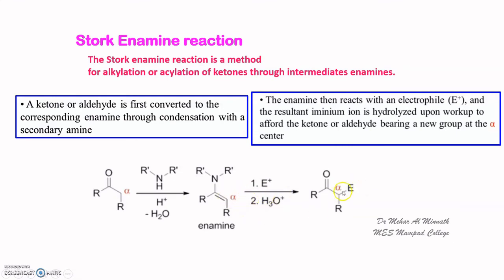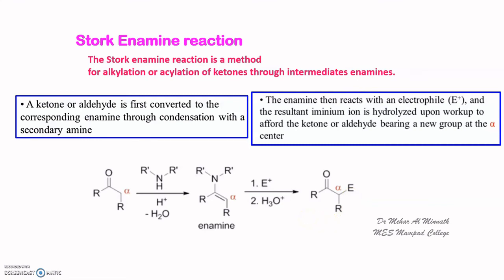So a new group is introduced onto the alpha carbon of the ketone. If the electrophile is an acyl group or an alkyl group, you get an alkylated ketone or acylated ketone. This acylation or alkylation is happening on the alpha carbon, which is important, and which otherwise is not possible.